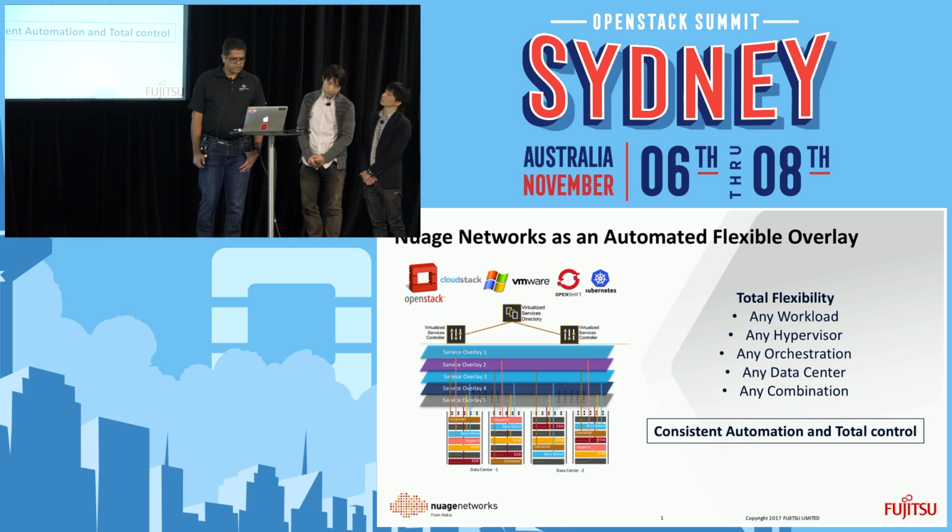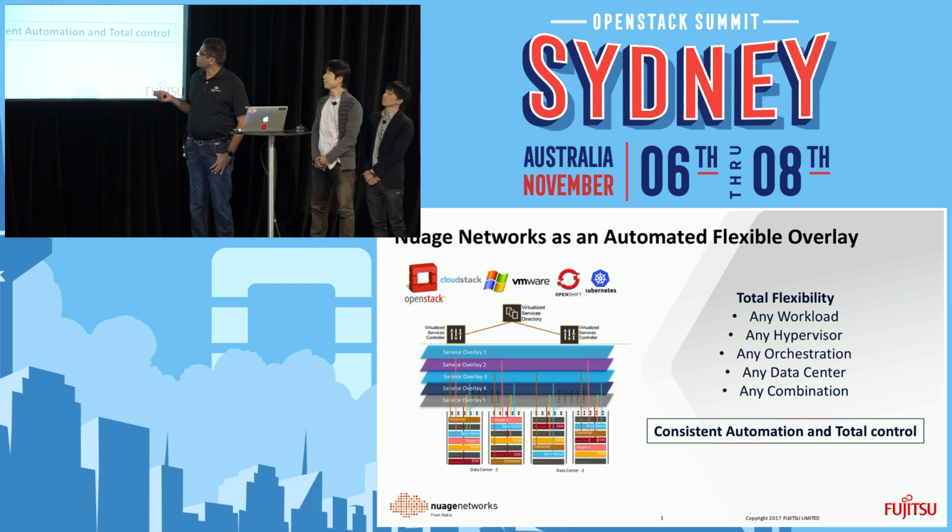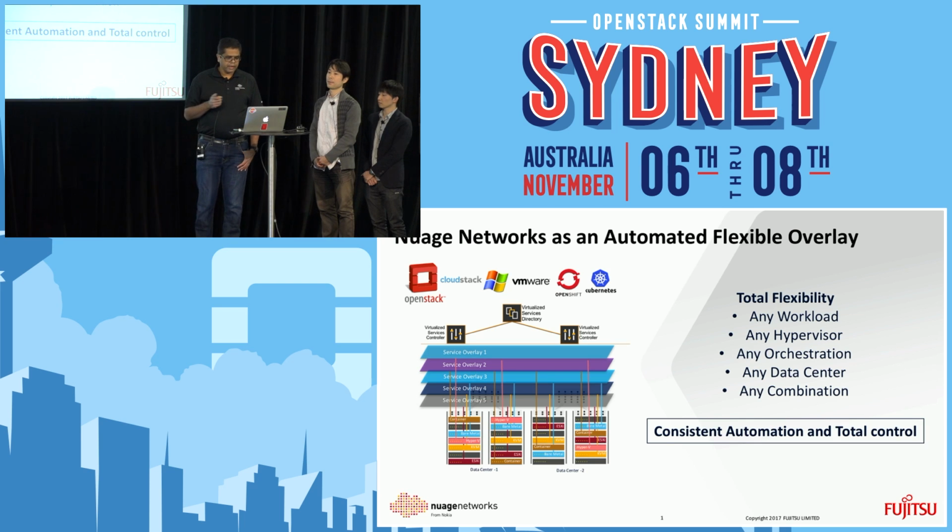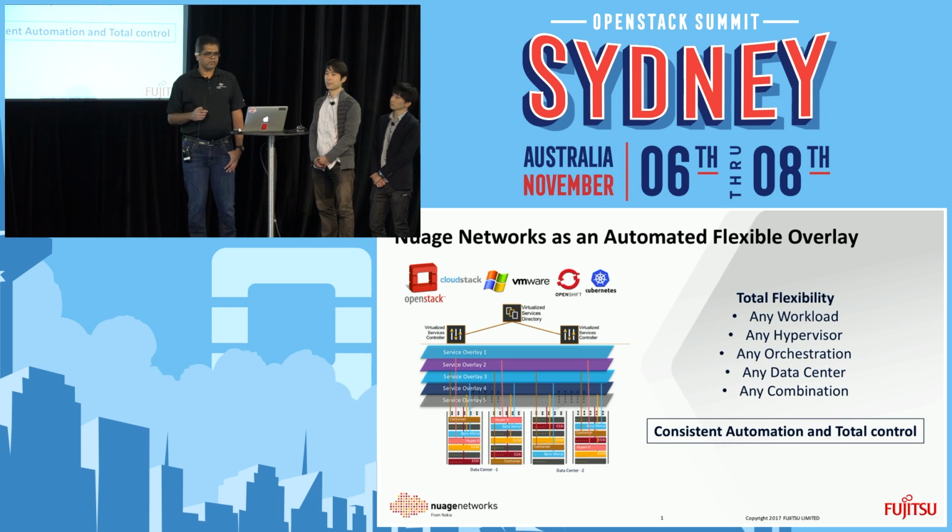The beauty of this solution is that we can work with any type of workload. We support multiple hypervisors, ESXi, KVM, Hyper-V, and multiple cloud management systems, and it's totally flexible, so you can have a mix and match of any of these items.